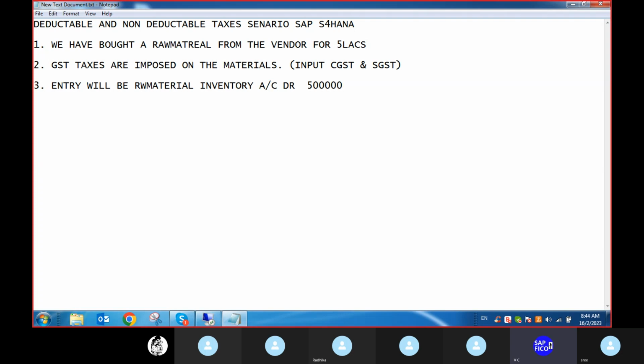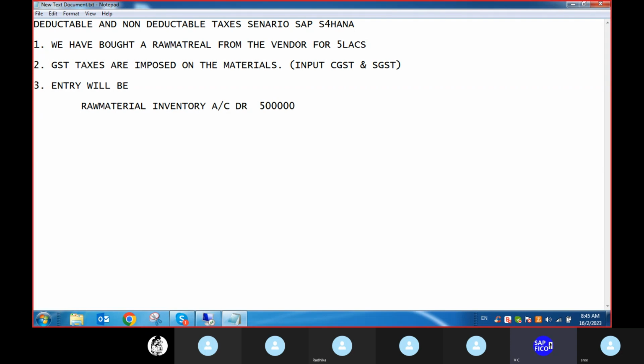You can just give a space or press enter after "entry will be". Raw material inventory account debit 5 lakh, all of you.